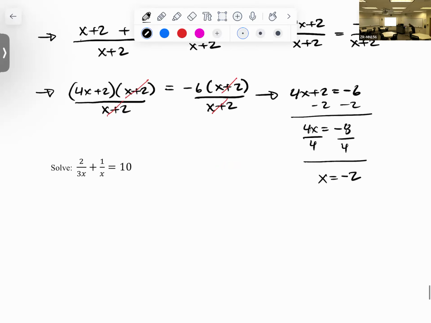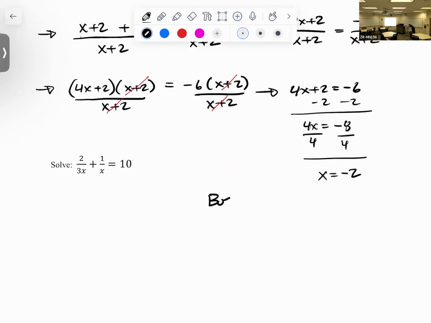So this is a really fun one. Here's why. If we got x equals -2, but x cannot be -2, then what's the answer?